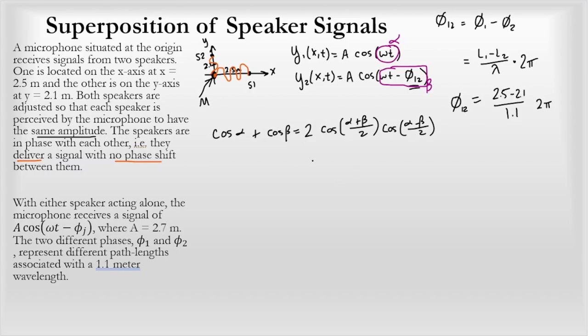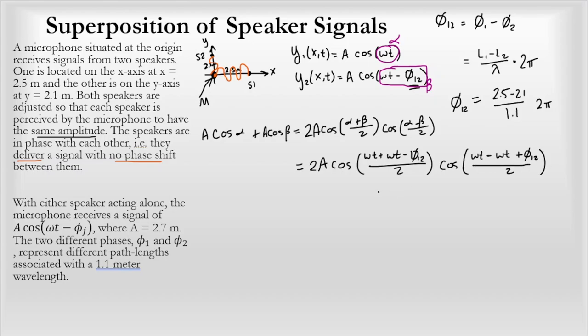And then when I plug this into my trig identity, I'm going to get 2, and I'm going to remind you there's an A out front on both of these, so I can put a 2A cosine of (omega t plus omega t minus phi 1,2) over 2, times cosine of (omega t minus omega t plus phi 1,2). I distributed that negative over 2. Okay.